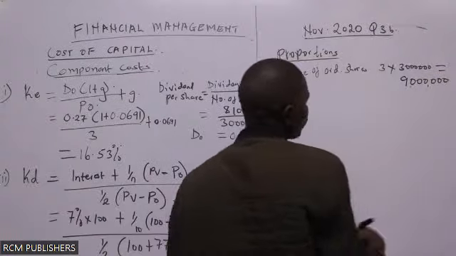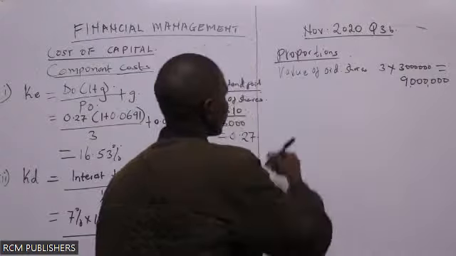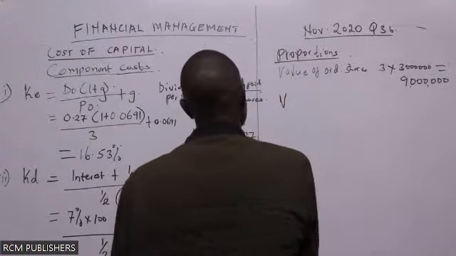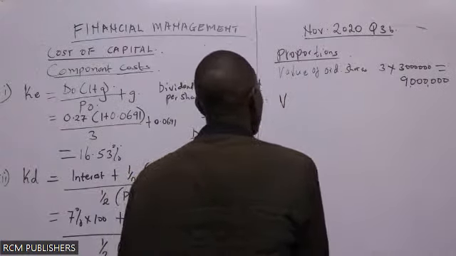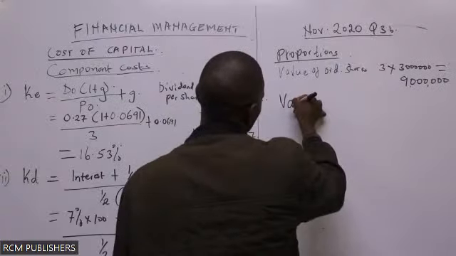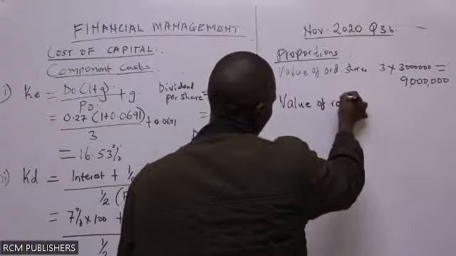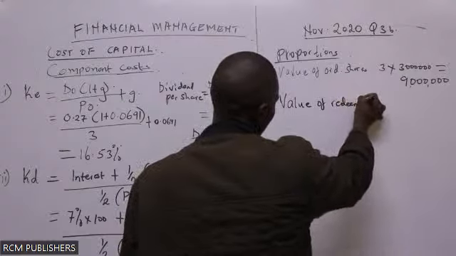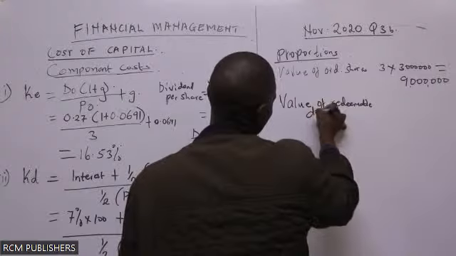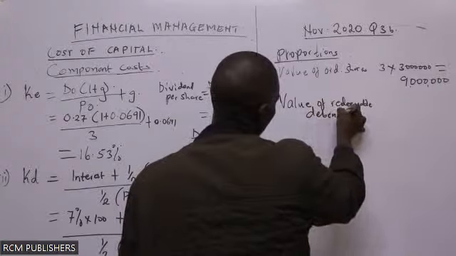From there, I need to get the value of the redeemable debenture. So how do I get the value of this debenture?